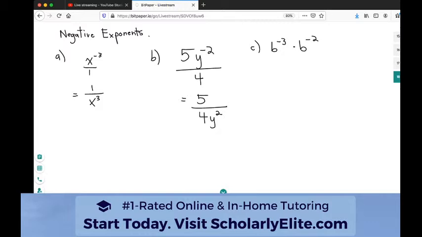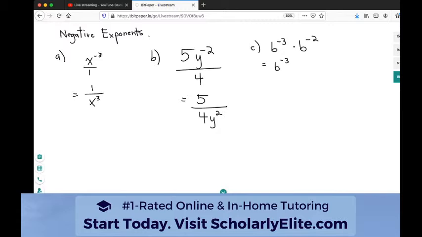So as you may remember, there's something called the product rule. When you have a base multiplied by the same base, you add together their exponents. So in this case, I'm going to go b to the -3. And what confuses a lot of people is, well, they're negatives, so what am I supposed to do? Do I flip the fraction first? You don't flip the fraction first. Leave the flipping until the end, okay?